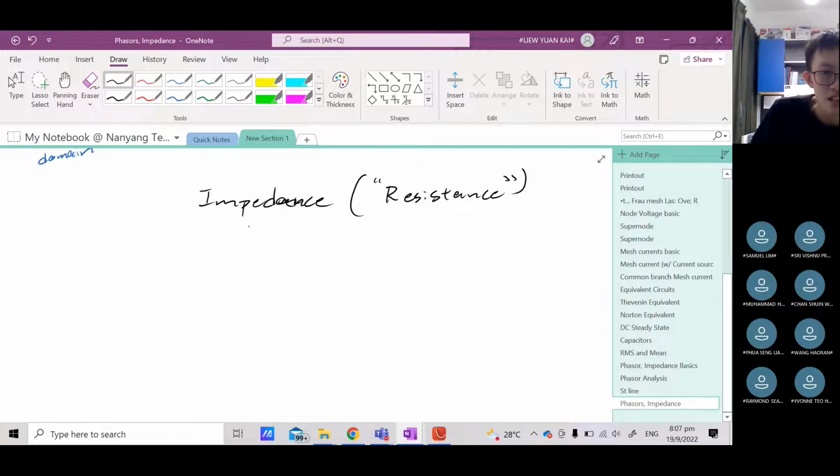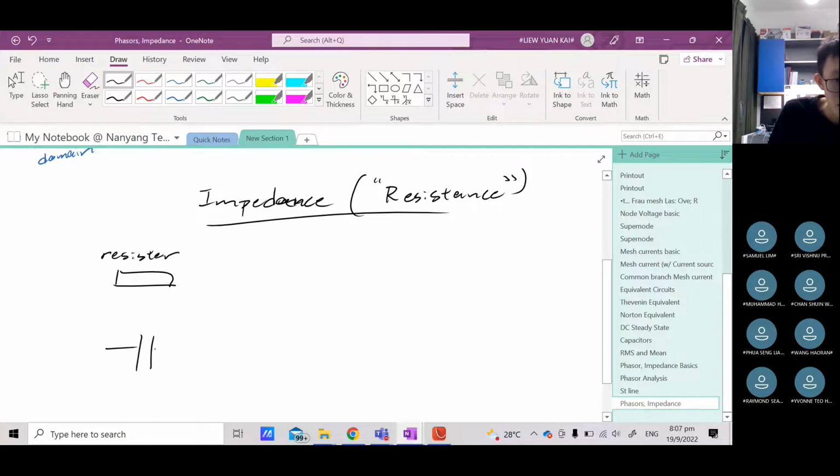Why do I say that? First, let us introduce the formulas for each impedance. We have 3 devices that we need the impedance of. Number 1 is our classic resistor. Number 2, let me do the inductor first, our inductor.